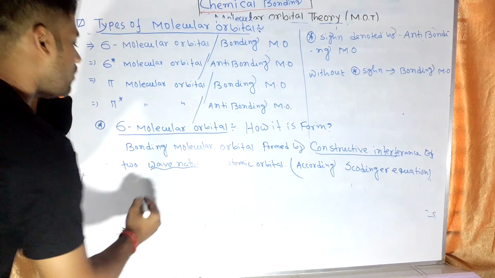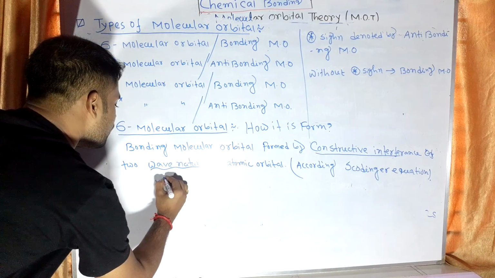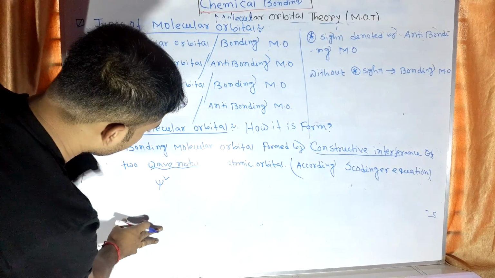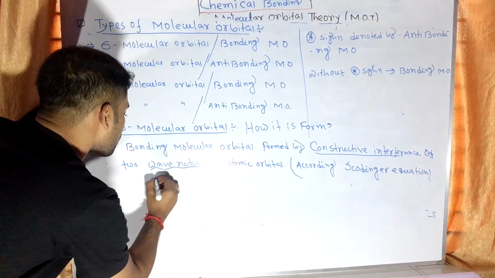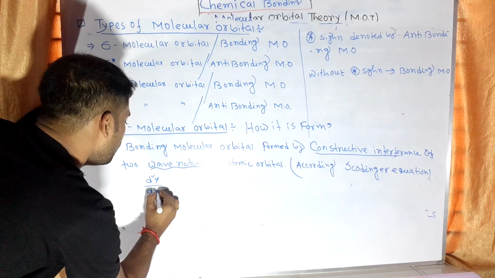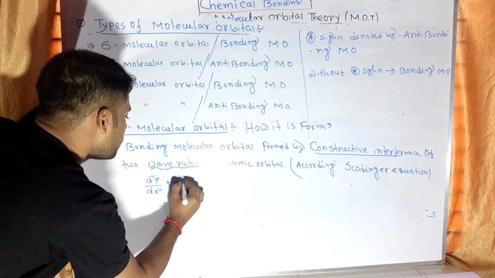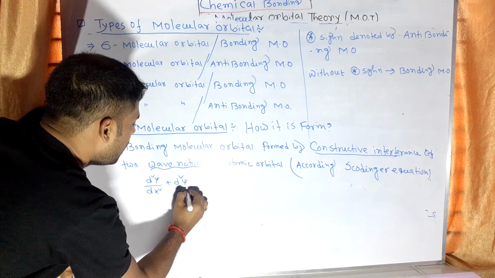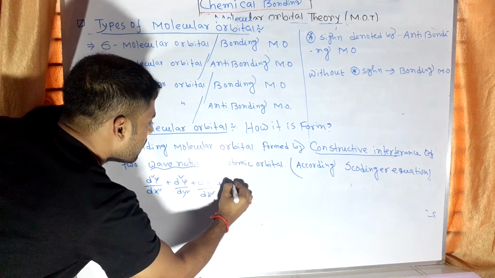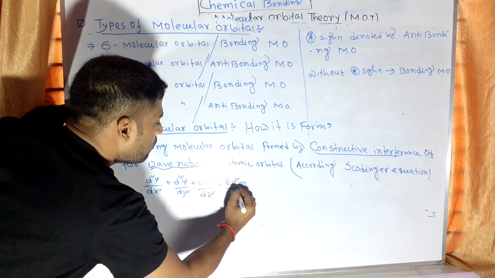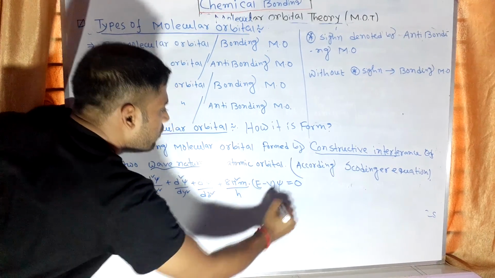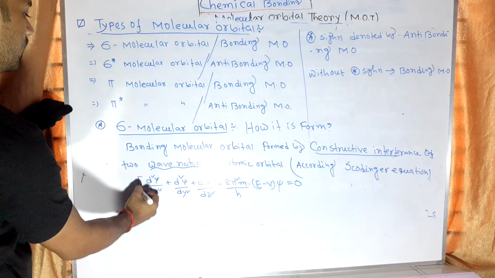What is the Schrödinger equation? It is del square psi by dx square plus d square psi by dy square plus d square psi by dz square plus 8 pi square m by h square into E minus V into psi is equal to 0. This is the Schrödinger equation.